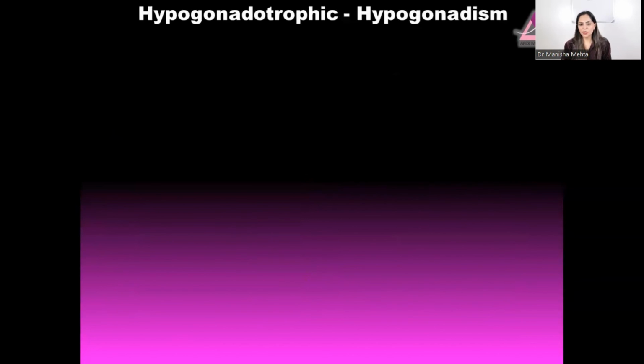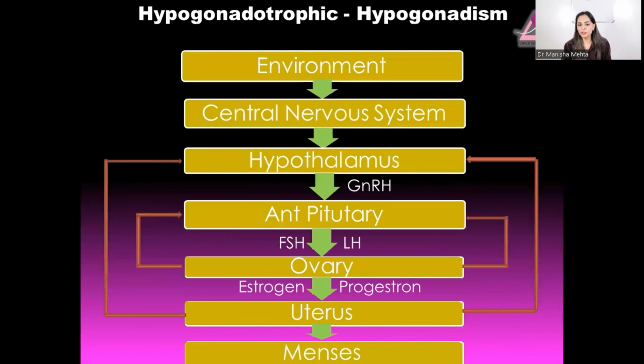the FSH was high. Now I'm going to talk about the situation where FSH is going to be low. And when I say low, I usually mean FSH is less than 1. If you are seeing a female who's having a normal outflow tract, you've just checked that there's no problem, there is a small uterus, small ovaries on both the sides, the first test you're going to do here is serum FSH.